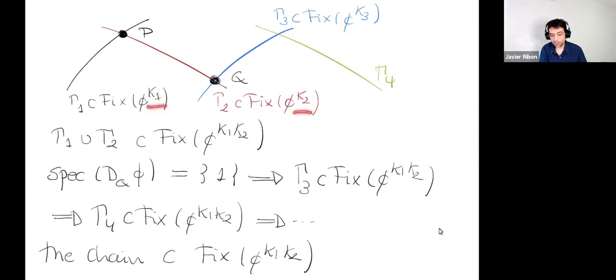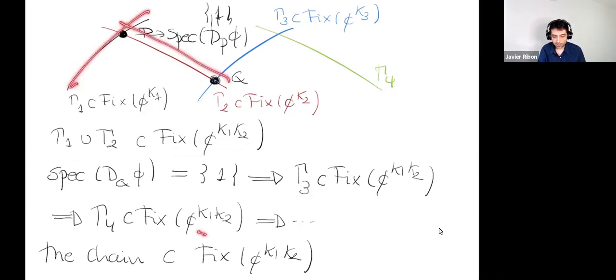K1 and K2 can be different, but it's obvious that the union is contained in the fixed point set of the iterate in which the number of times we iterate is the product of K1 and K2. What happens is that it is very easy to prove in this case that the spectrum of the linear part at this point contains just the eigenvalue 1. And all these points are fixed by this iterate over here.